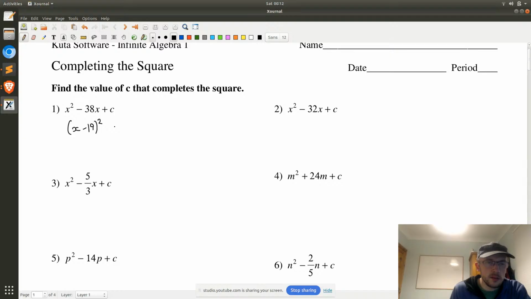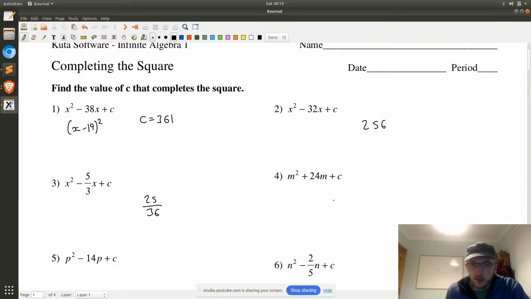But if you do this, then you expand it out, you get 361 on the end. So C would be 361. Likewise over here, 256. And over here, it would be negative 5 over 6. And when you square that, you get 25 over 36.